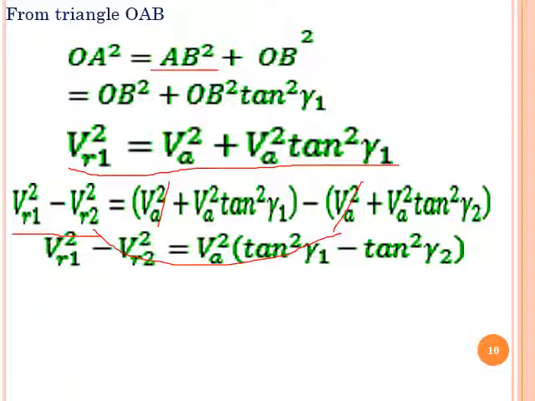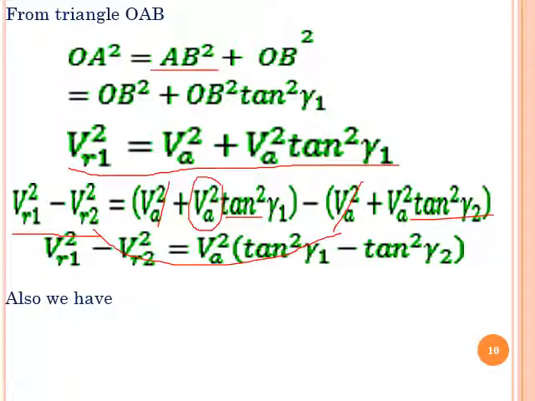Once again this V of A square is common in these two expressions. Take it outside: V of A square into the remaining terms, tan square gamma 1 minus tan square gamma 2.